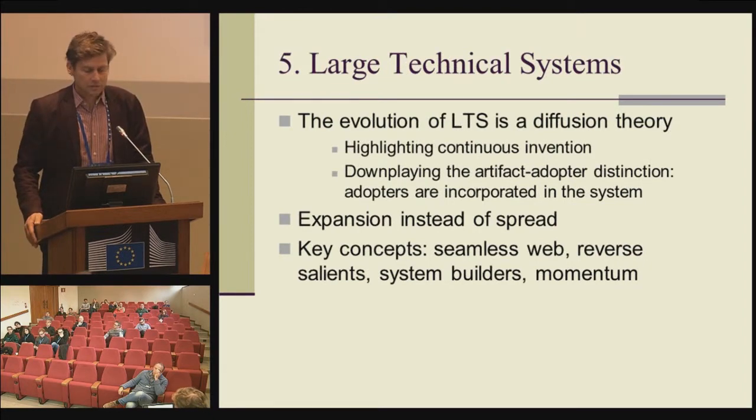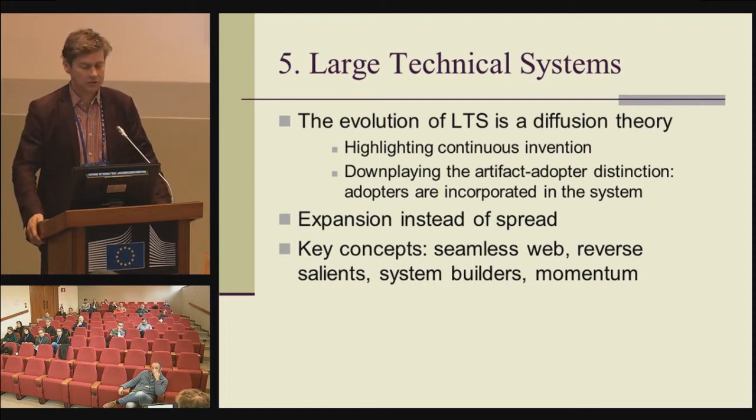Large technical systems, mainly connected to the works of Thomas Hughes and his study of Edison and the way Edison was successful in building a new electricity system. He especially stressed these ideas, the key concepts, the seamless web. What Edison was doing was both technical and political and economic. For instance, when he was thinking about the famous light bulb, he is seen as the inventor of the light bulb.